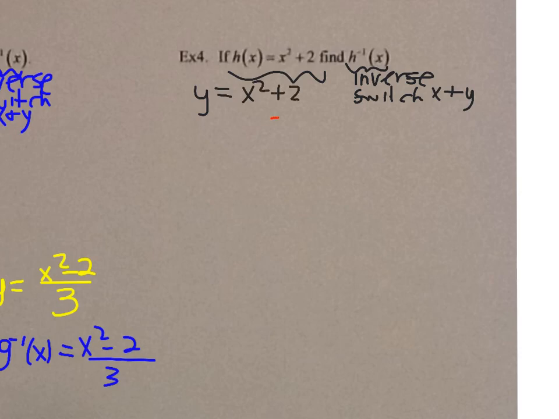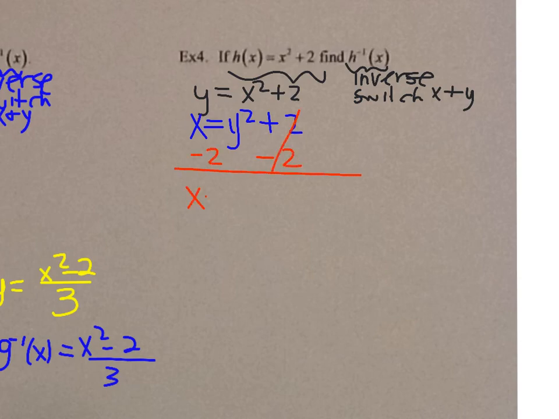All right, so I'm going to minus 2 from both sides. Oh, sorry, I'm going to switch x and y first. Forgot to do that. So switch x and y. X equals y squared plus 2. Now minus 2 from both sides. X minus 2 equals y squared.